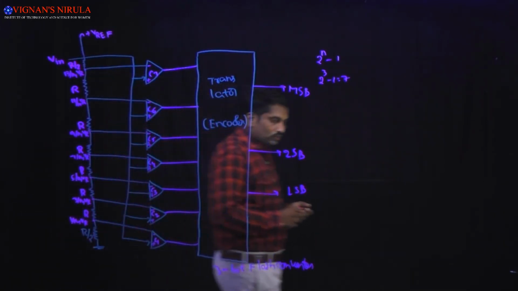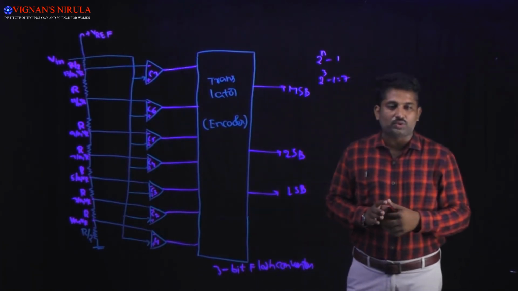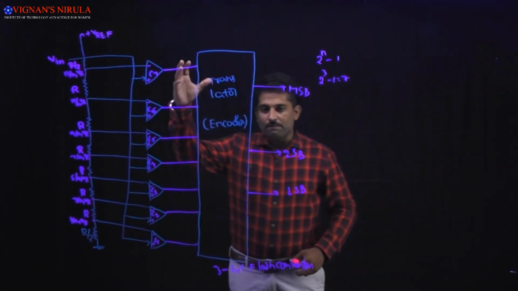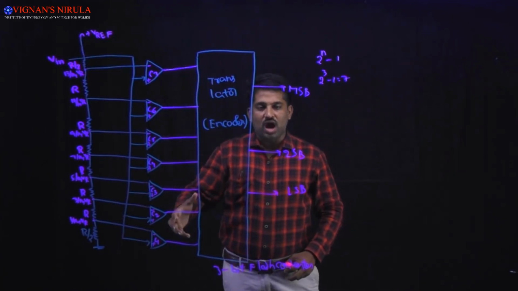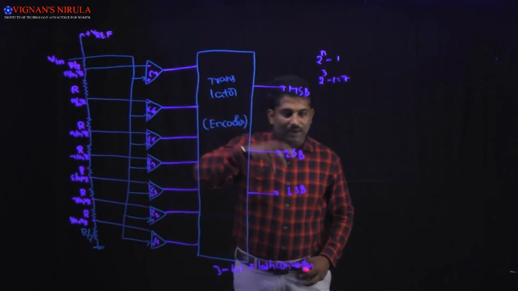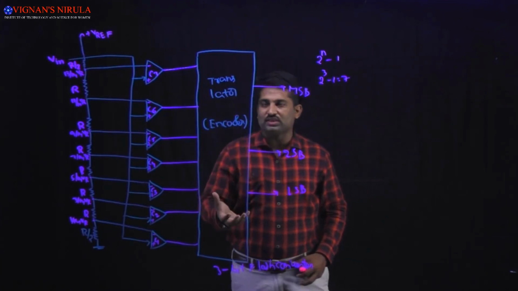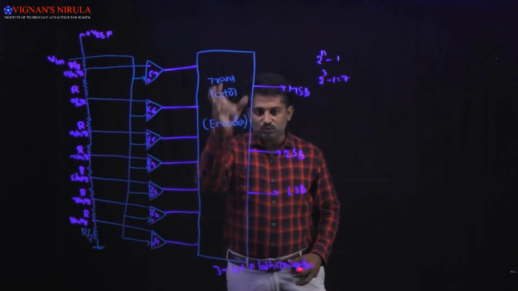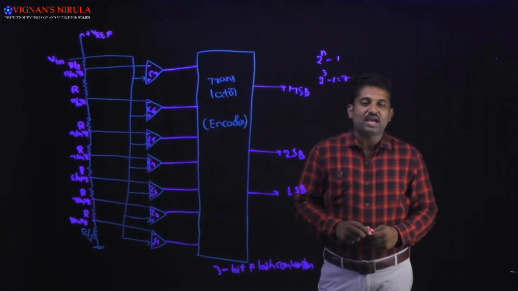According to the comparison, we get the outputs as ones and zeros, and the comparator output codes are converted into binary values by using a translator or encoder. In this case, we are going to use an encoder.